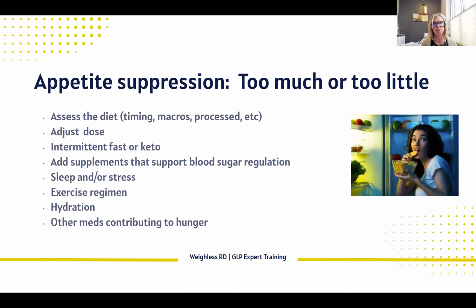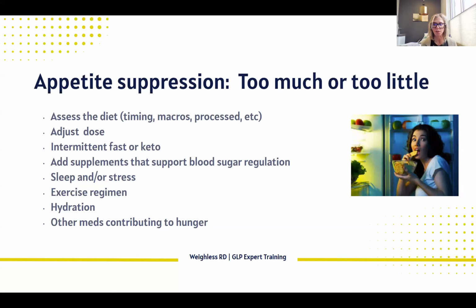You can add supplements that support blood sugar regulation. Again, address any sleep or stress issues. People need to move more. I mean, that's just a no-brainer. Making sure they're hydrated and always looking into other meds, especially as they lose weight.